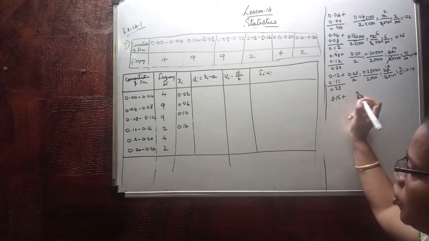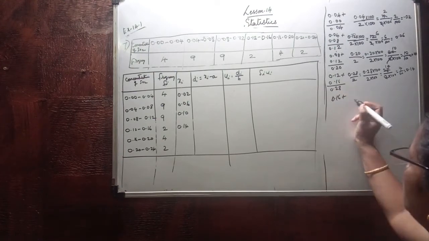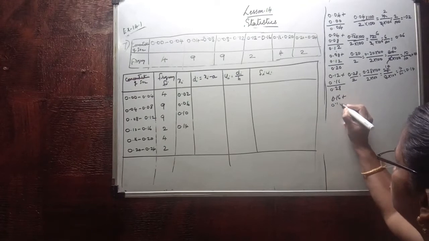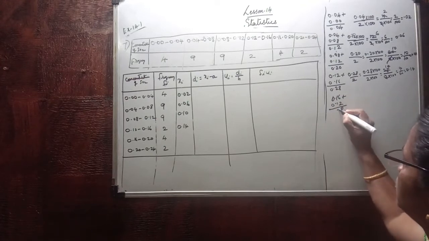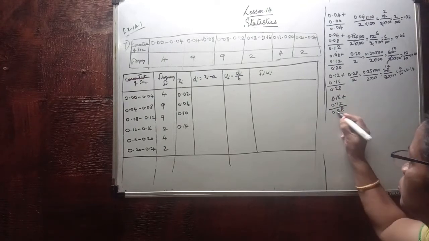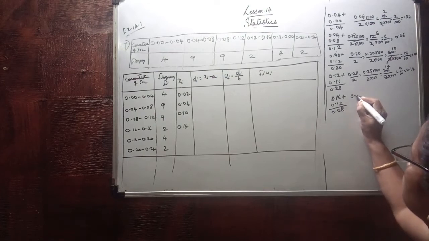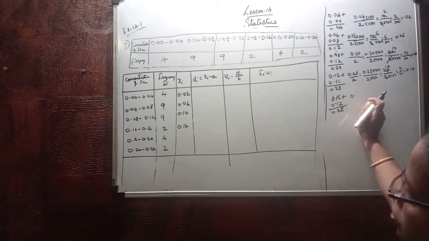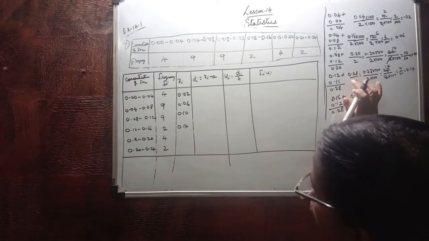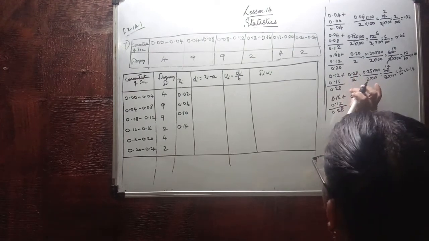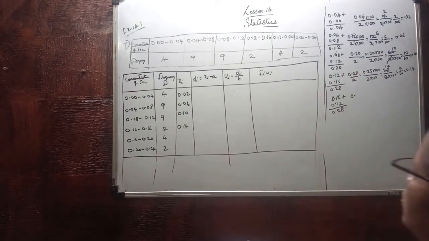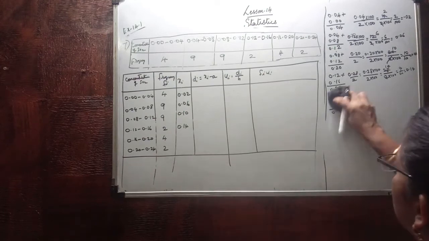0.12 plus 0.16 we already did. So next one is 0.16 plus 0.20.